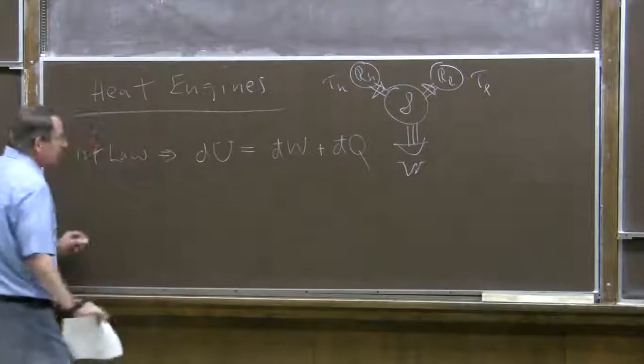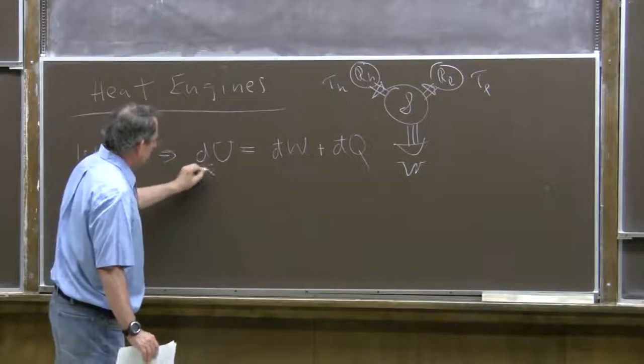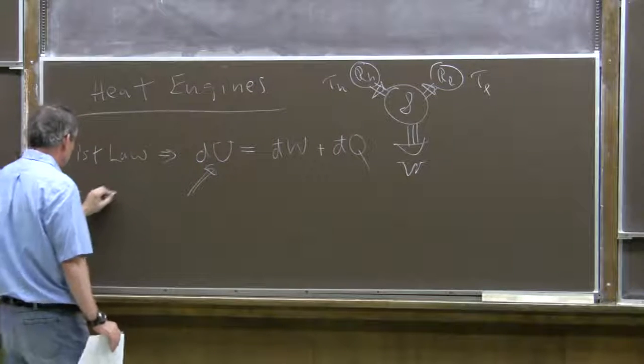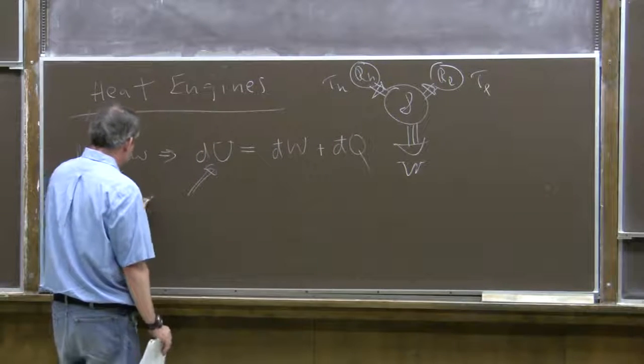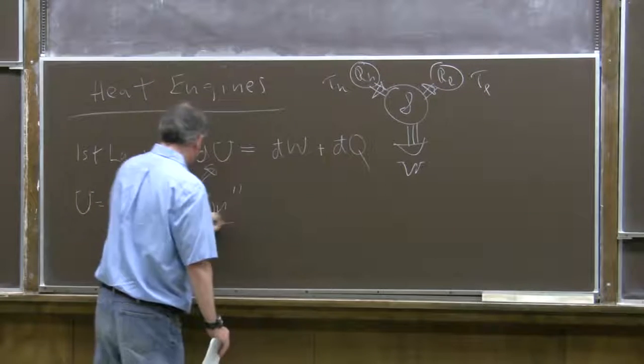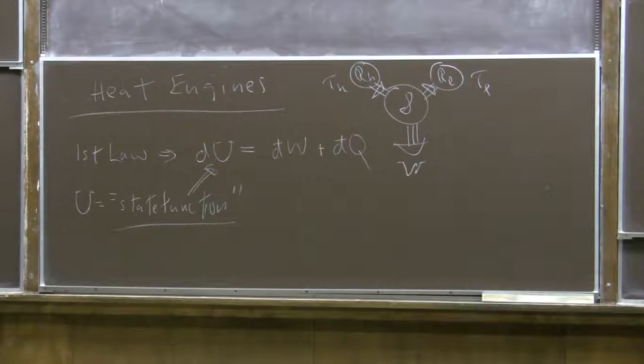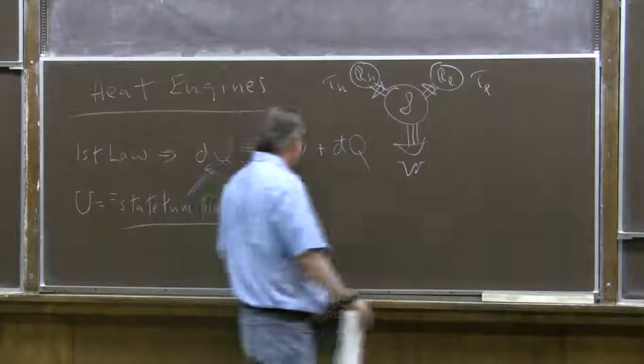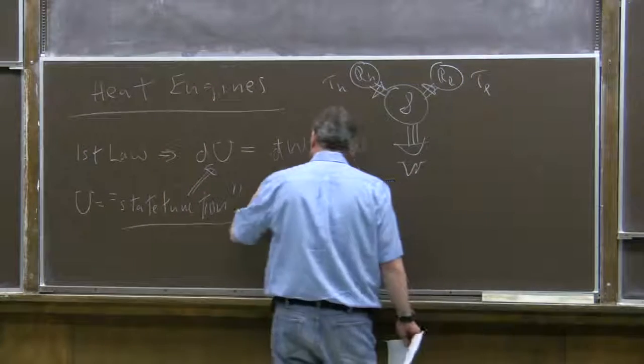which is we can think of U as a so-called state function. That means that if you know the state of the system, you know its internal energy. Okay? W and Q are not state functions.